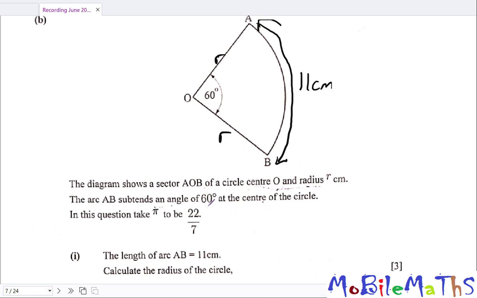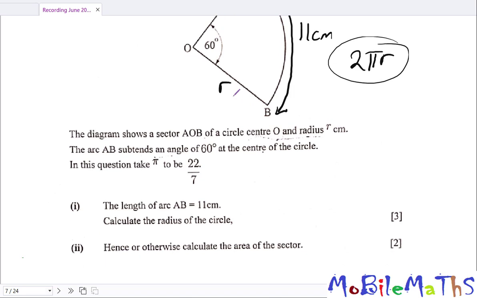But we know this arc here is basically like the perimeter or the circumference of a circle. And we know the formula for calculating circumference is 2 pi r, but there is an angle factor here. So we utilize the angle in our formula.